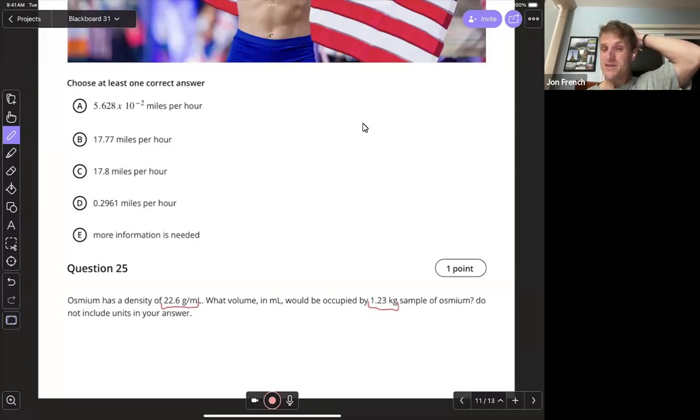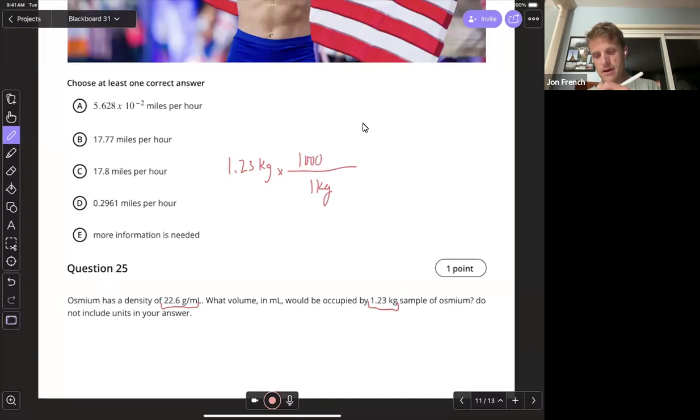So density is in grams, our mass is in kilograms. So let's convert our mass first. 1 kilogram, 1,000 grams. So I've got 1,230 grams of this sample.